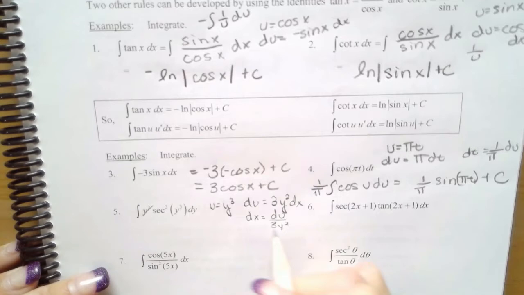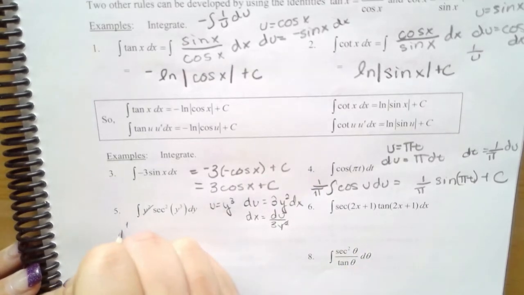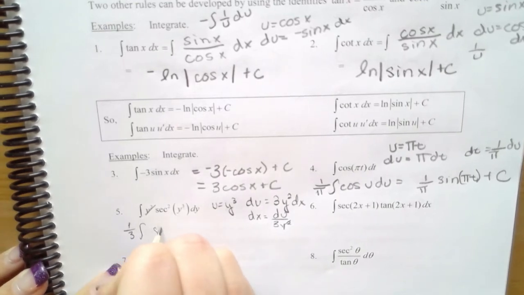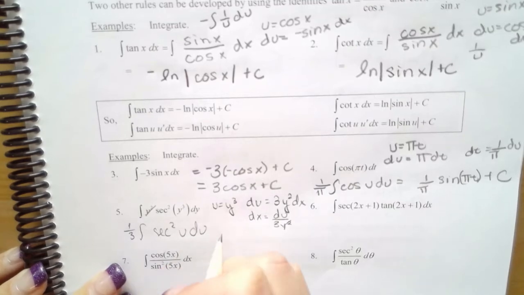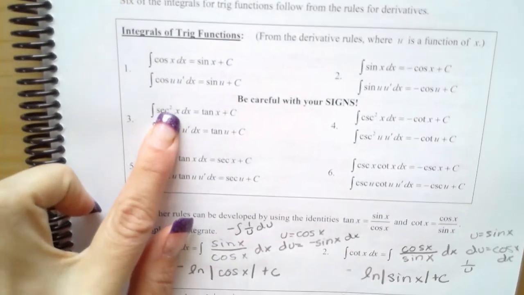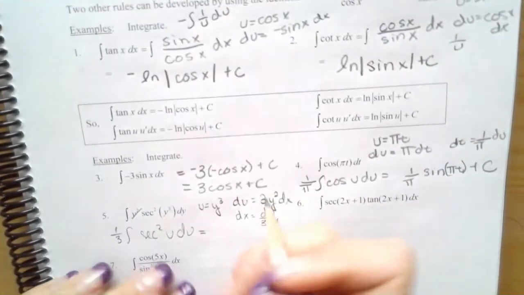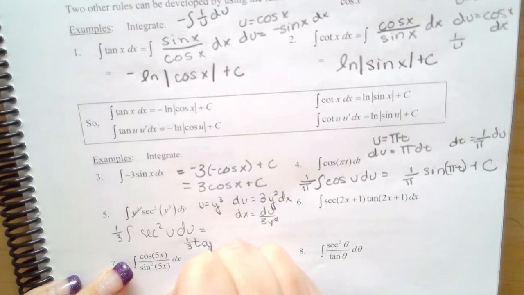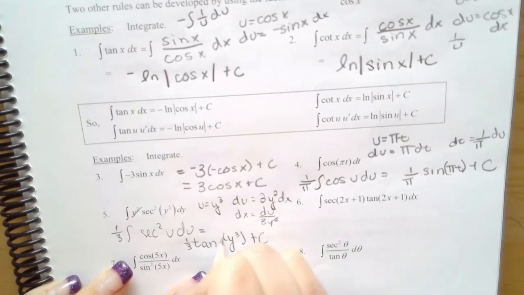That cancels this y squared out, so we have 1/3 integral of secant squared u du, which is a rule right here, guys. So the answer is 1/3 tangent of y cubed plus c.